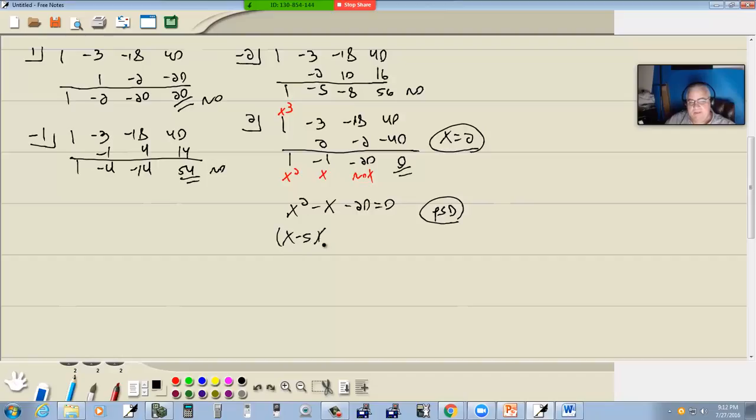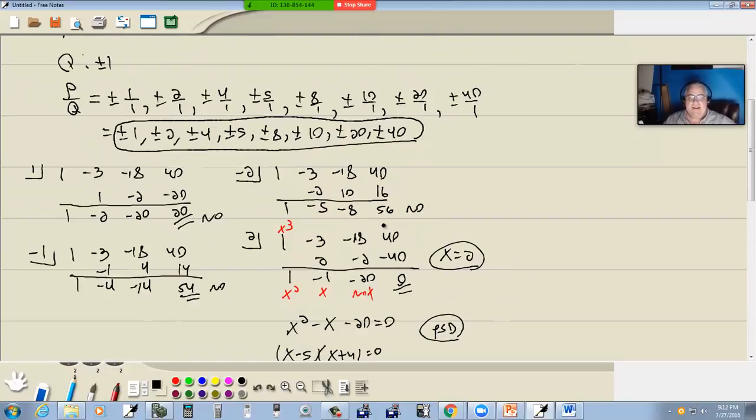This will be x minus 5 times x plus 4 equal to 0. Zero factor property, you set each one of these equal to 0. x minus 5 equal to 0, and x plus 4 is equal to 0. So we get x equals 5, and we get x equals negative 4. And we said we're going to have 3 answers, and we found all 3 answers via the by hand technique.